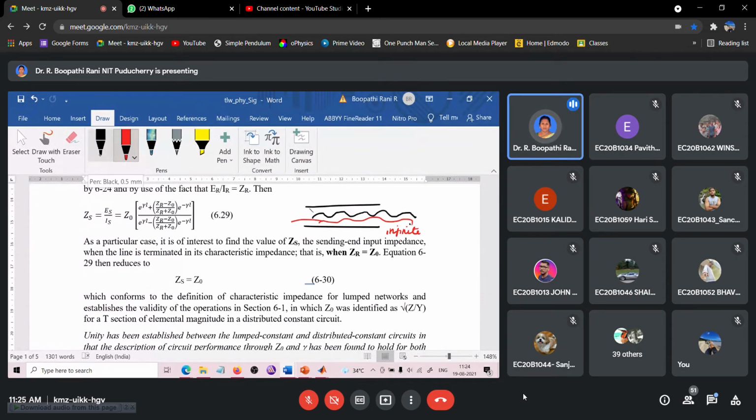Can anyone tell? We have finite length, but infinite line is behaving good because reflected signal will not reach the source. How will we realize it?